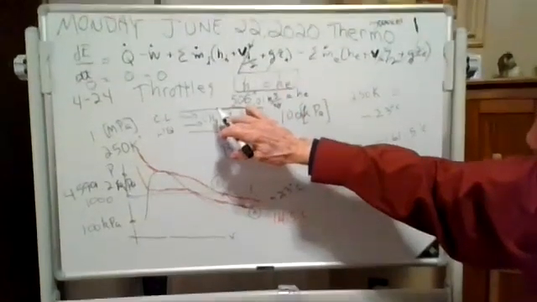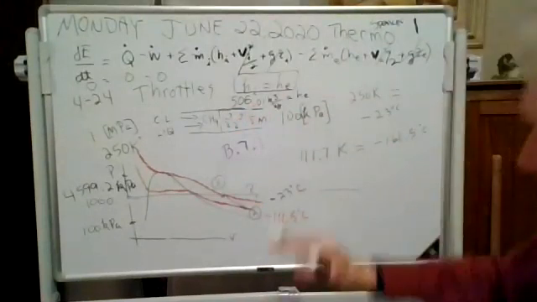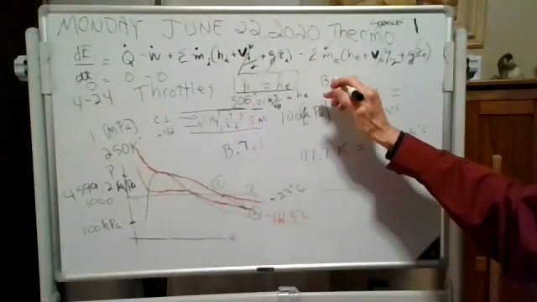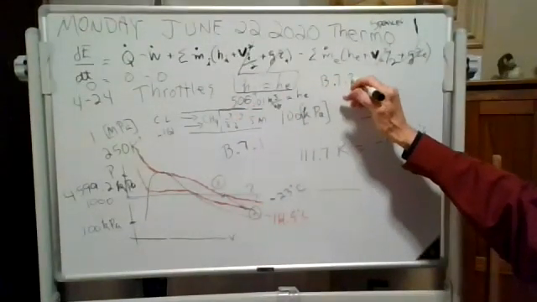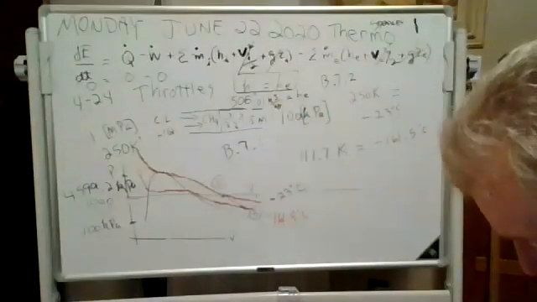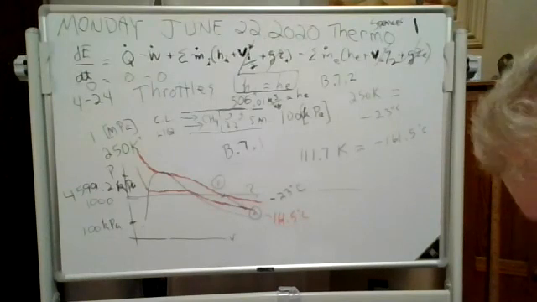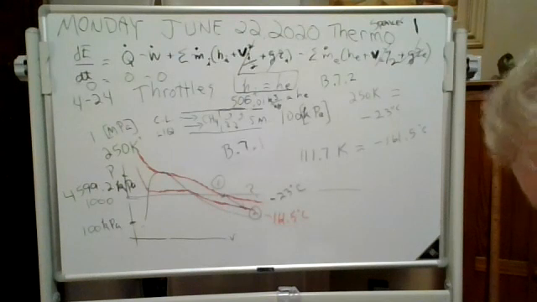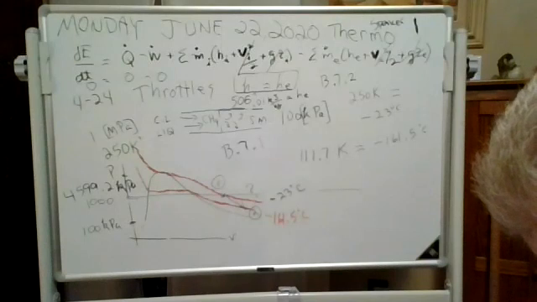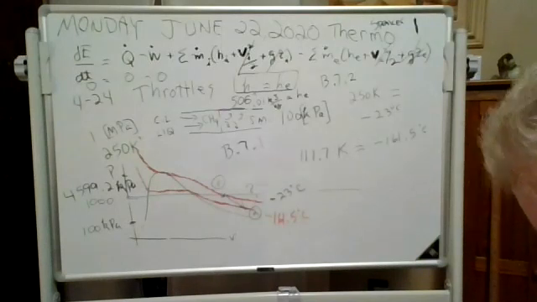Can you find that 506.01? It's on table B.7.2. See if you can find it. I'm getting the specific enthalpy at 1,000 kilopascals. That's 1 megapascal. And 250 K. Yeah. 506.01.